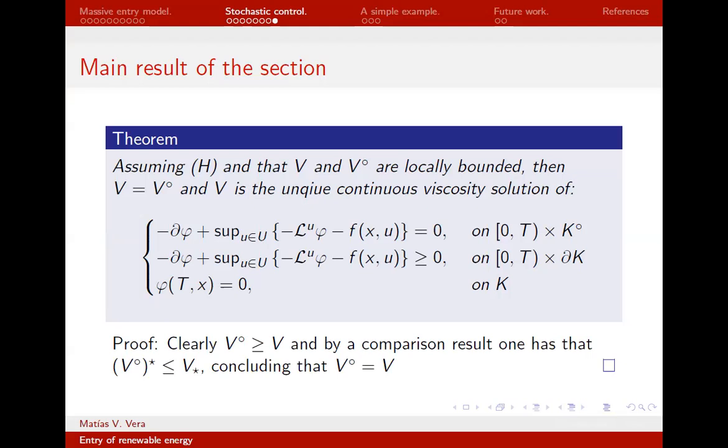It's an infimum, so this is greater than the other, okay? And basically, using a comparison result, one has this, and after a little math, we have that both are equal. And because one is a super solution and one is a sub solution, we get the result. Okay. So with this, we have the tools to solve the problem. We already have the equation, but how do we see this in a real case?